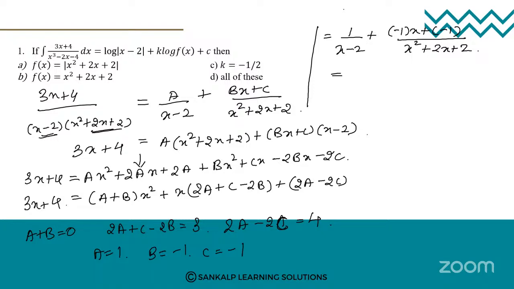Yes. So now you can write this as x minus 2. Now what is common here? Minus is common. If you take minus common, what remains here is x plus 1. This is x square plus 2x plus 2.